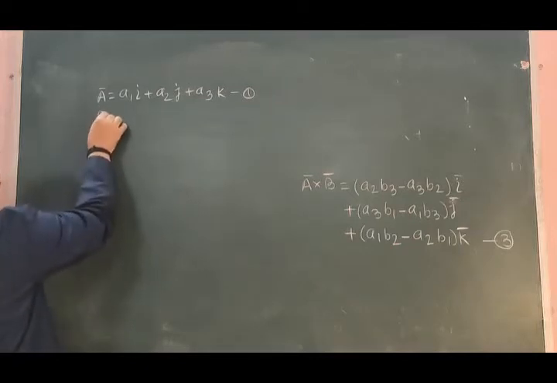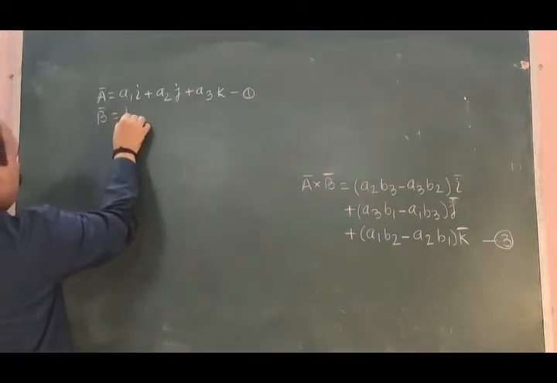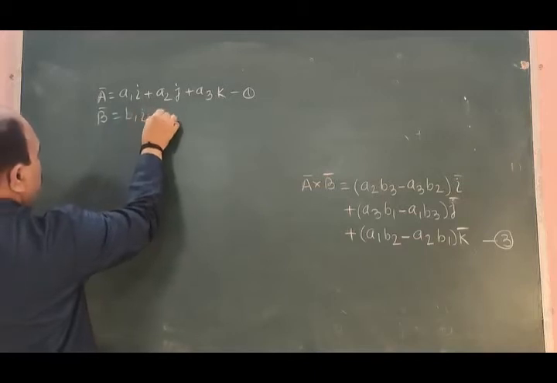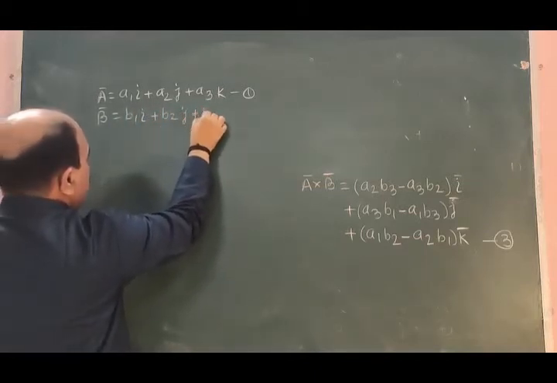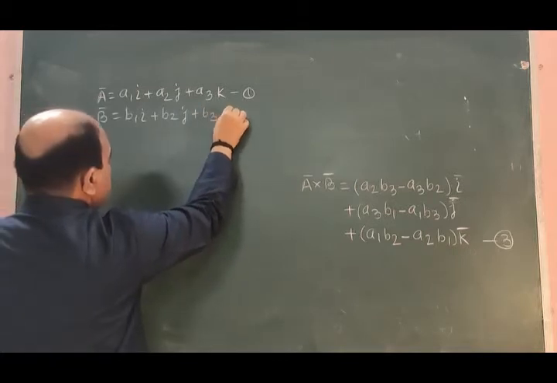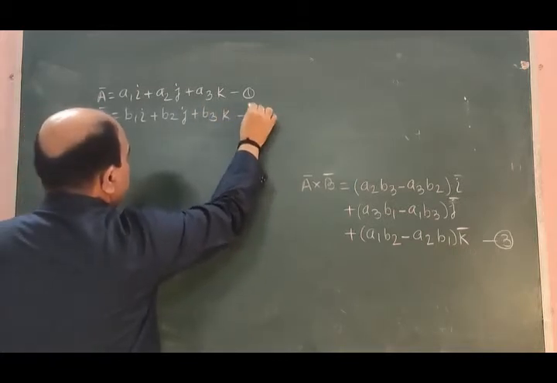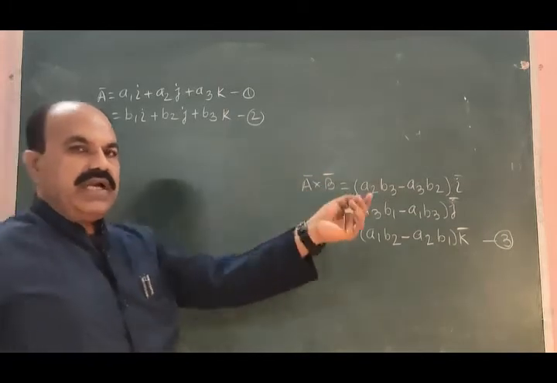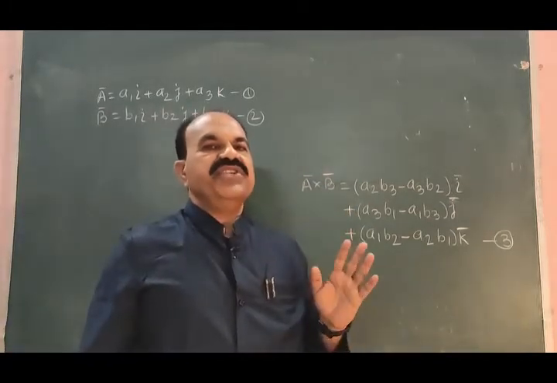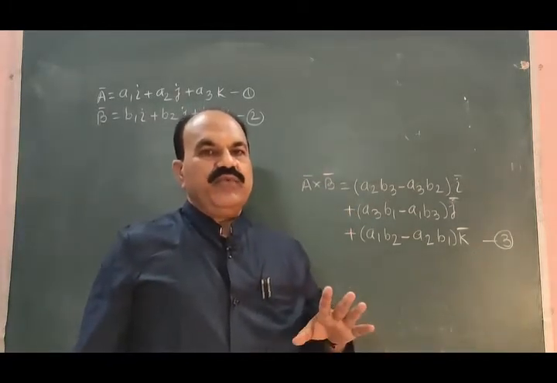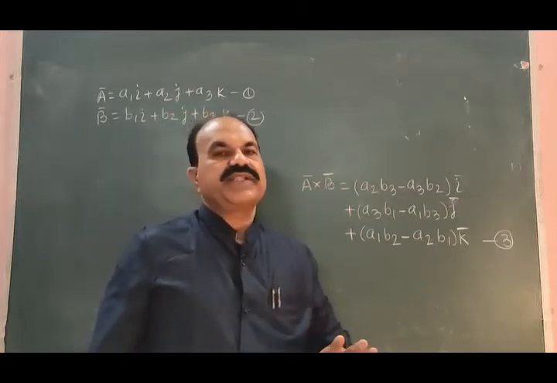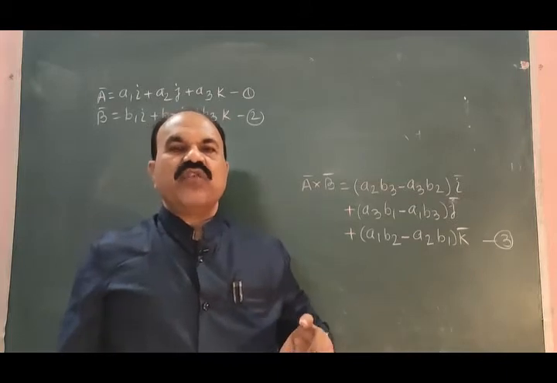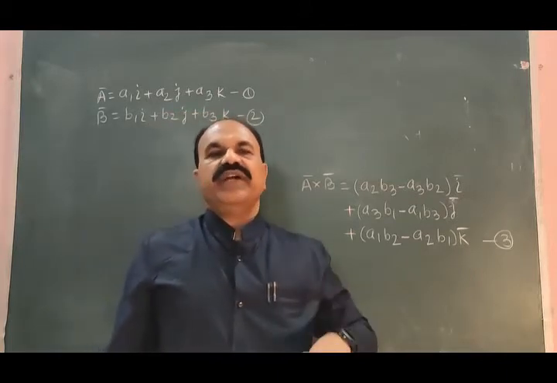Vector B is equal to B1I plus B2J plus B3K, equation 2. Remember what we are doing in this article. We are using determinant to get cross product or vector product of two vectors.